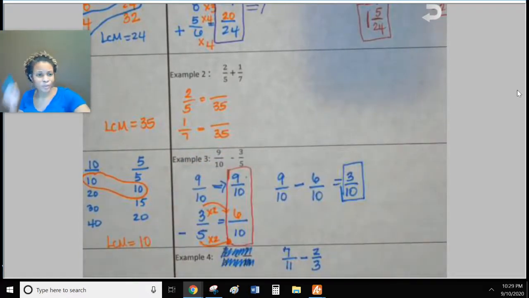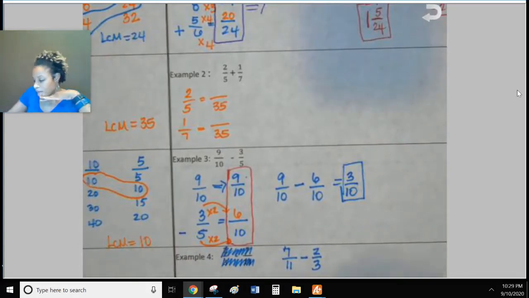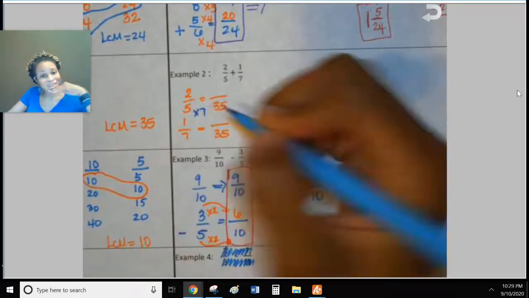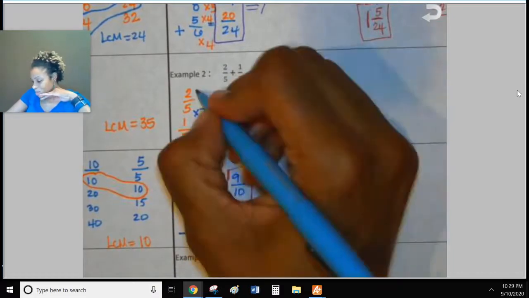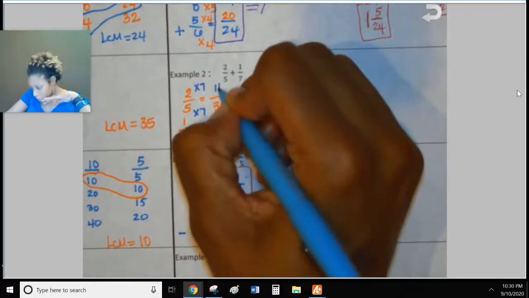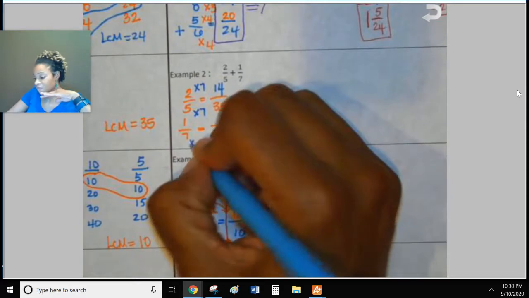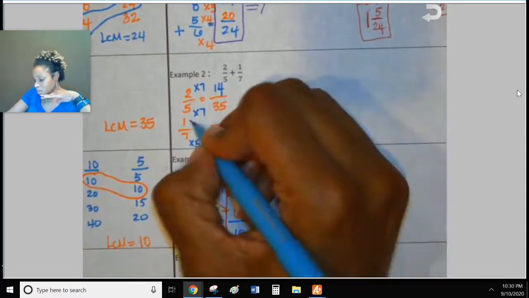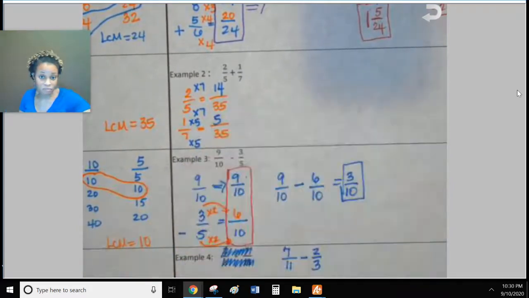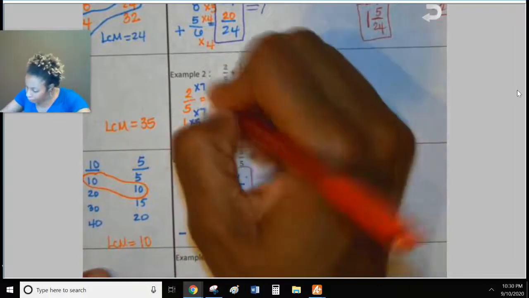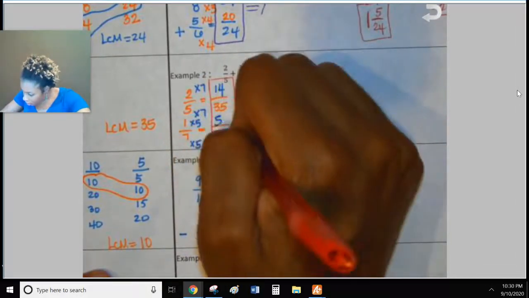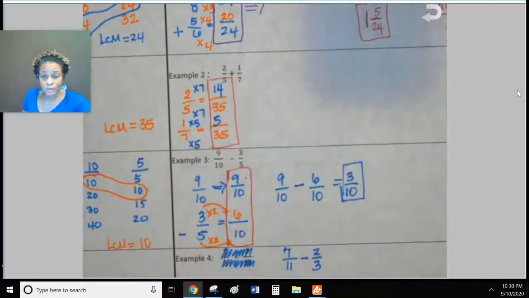Now we got to figure out what we multiply by to get 35. 5 times 7 is 35. So 2 times 7 will give me 14. 7 times 5 is 35. So 1 times 5 will give me 5. These are my new equivalent fractions that I'm going to work with.